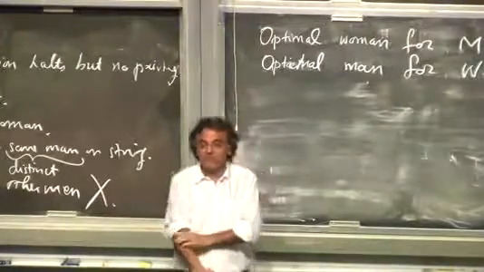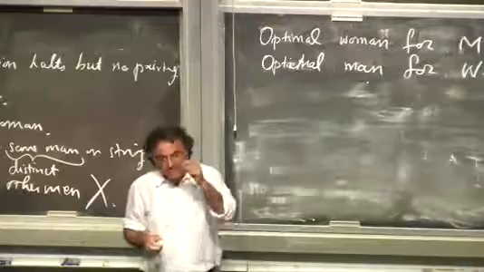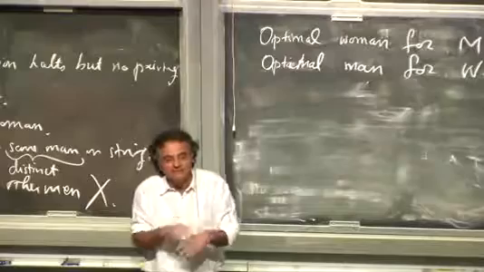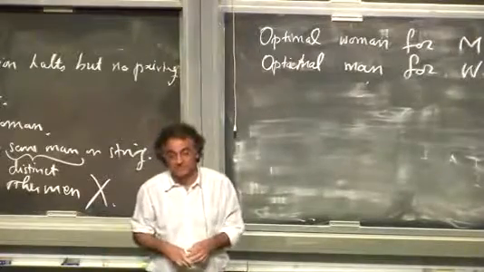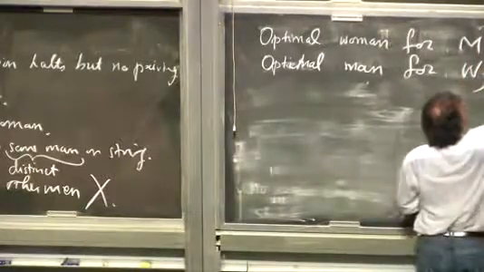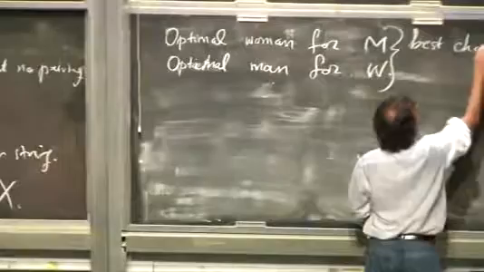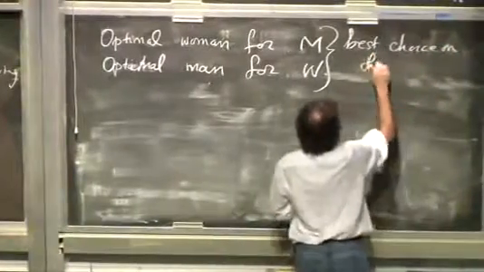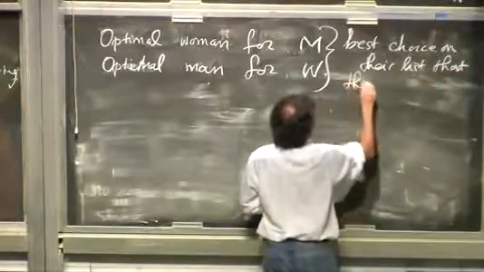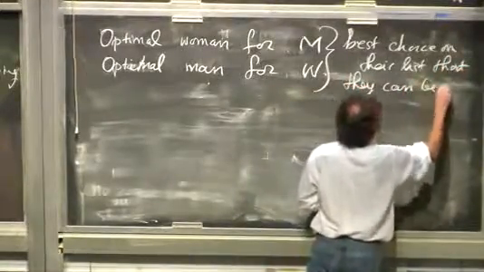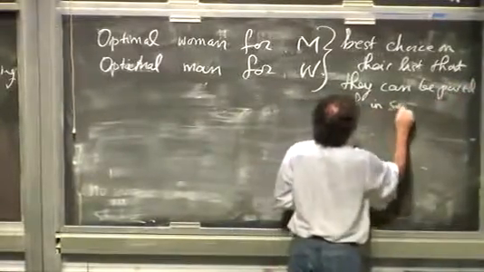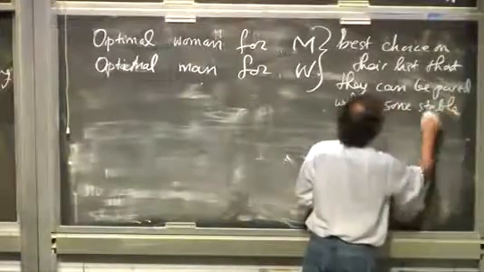So by optimal, we mean the best choice on their list that they can be paired with in some stable pairing.